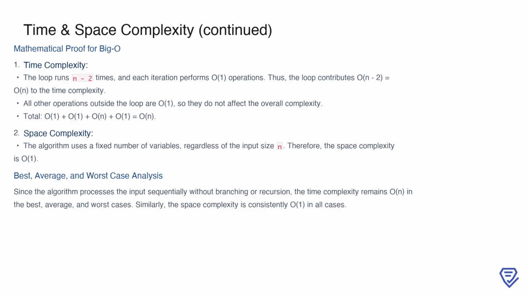For space complexity, the algorithm uses a fixed number of variables, regardless of n, leading to O(1). Finally, since the algorithm processes the input linearly, there is no variation in performance across best, average, or worst cases. The time complexity remains O(n), and the space complexity remains O(1) in all scenarios.